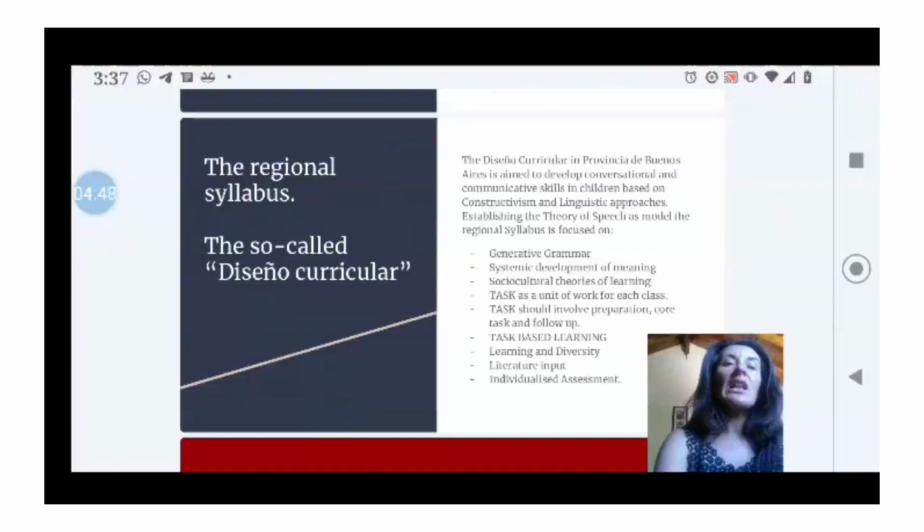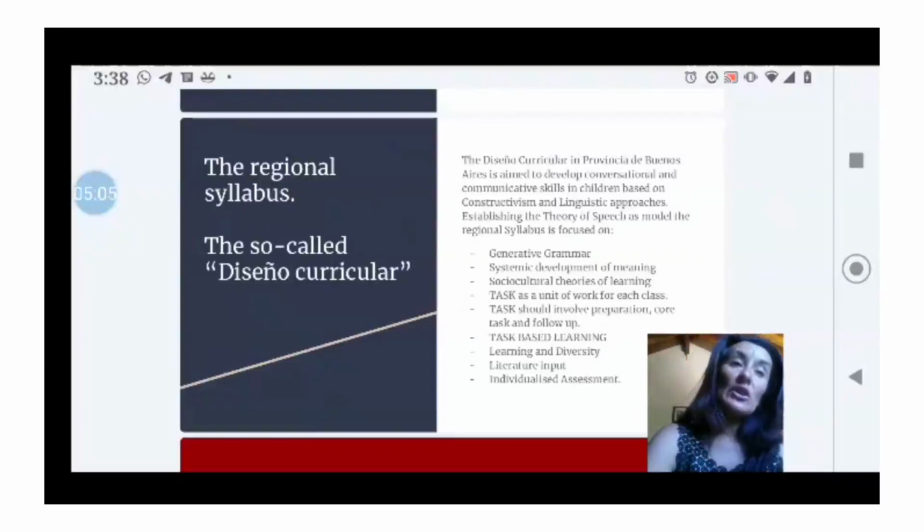Okay. The regional syllabus, the so-called diseño curricular, in Provincia de Buenos Aires is aimed to develop conversational skill and communicative approaches based in constructivism and linguistic approaches.